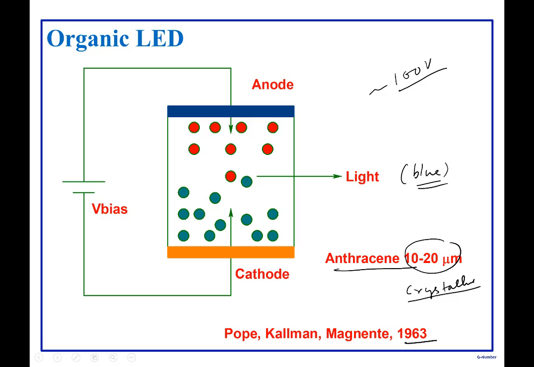Thin means, to really bring the voltage down from 100 volts to, let's say, 10 volts, because the mobility is so small, just for the sake of argument, let's say I require 200 nanometer thickness. Now, how do you get a 200 nanometer thick crystal? You can't get that. Crystals, by the way they are grown, are thick.